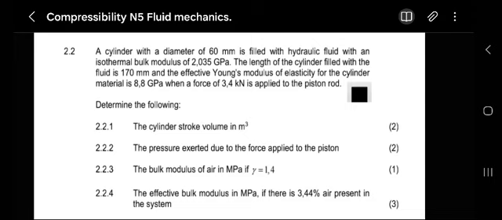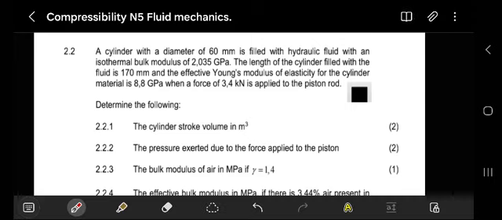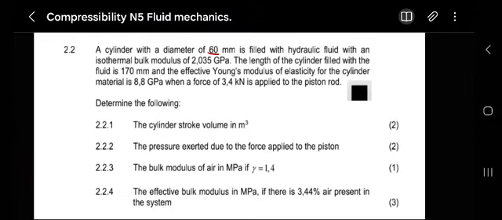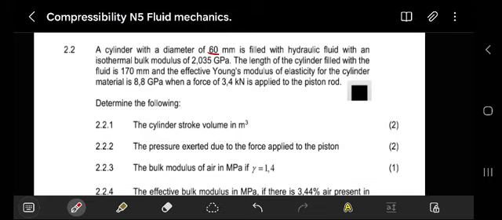A cylinder with a diameter, they've given us a diameter there, 60 millimeter, is filled with hydraulic fluid with an isothermal bulk modulus.